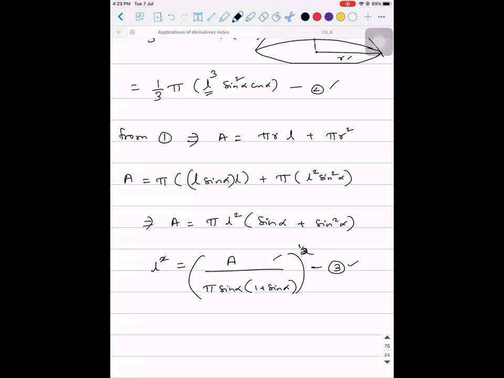So L will be A by pi into sin alpha into 1 plus sin alpha, the whole power half. Take that value and substitute it in the place of 2 and then proceed. It is slightly a lengthy problem.